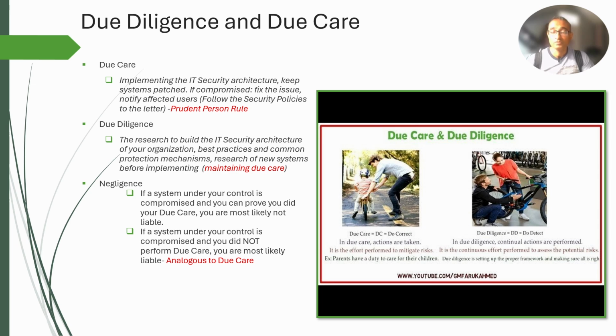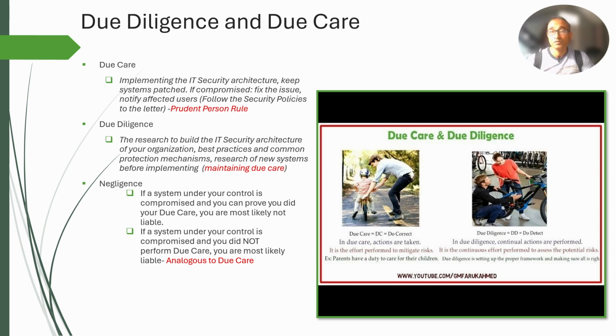Due care is also called the prudent person rule, which means what a prudent person would have done in a scenario, something also expected of you while conducting your business. That means, for example, follow the security policies to the letter. So if it says that all your critical systems must have multi-factor authentication, then it is you who have to make sure that all your critical systems have multi-factor authentication.